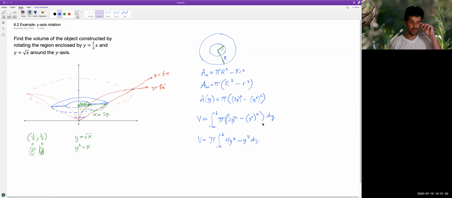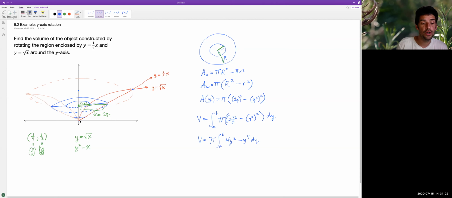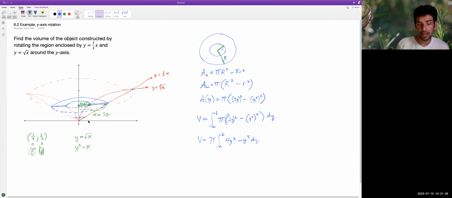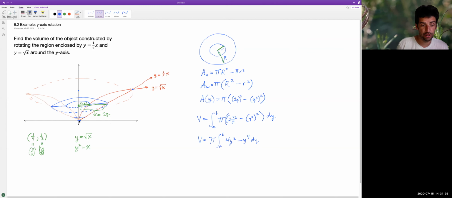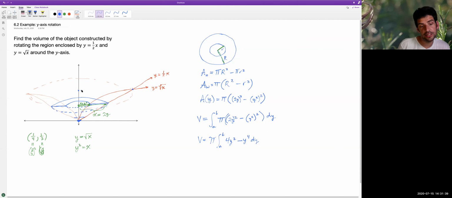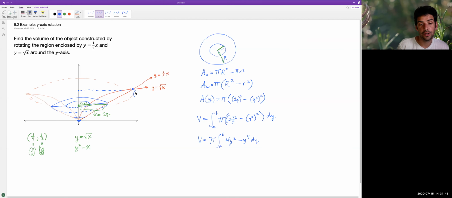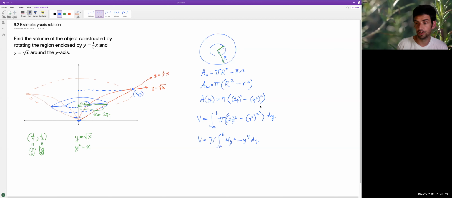So there's our integral. Now we need to know what our bounds are. We're not adding up as we move along the x-axis now, though. We're integrating as we move along the y-axis. So we need to know, it's clear from the picture, though we'll prove it in a moment, that they intersect at 0. We need to know how high we're going to go. In other words, we need to know this y-coordinate over here.